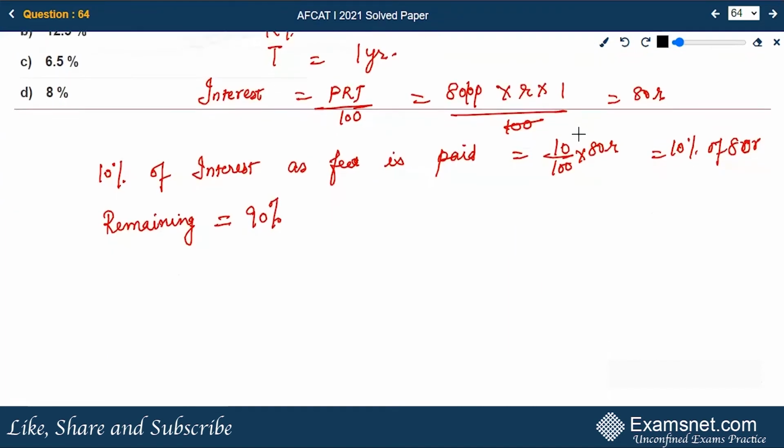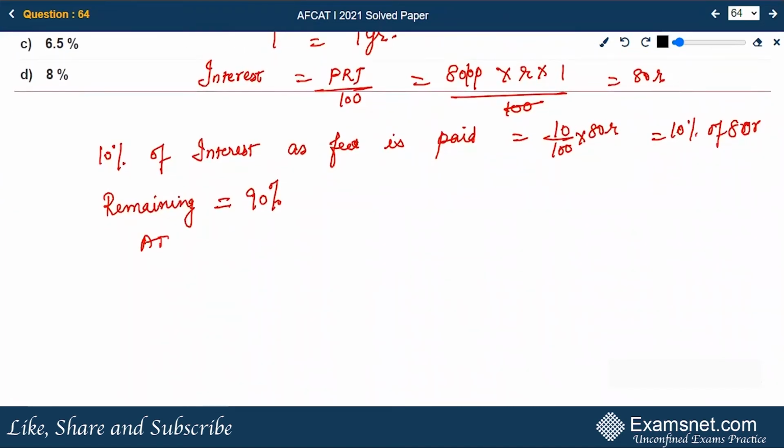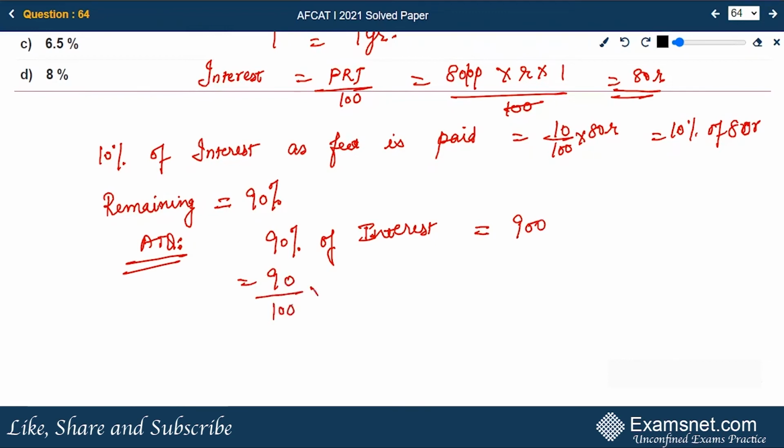So now, according to the question, 90% of the interest, which is 80R, is equal to 900 rupees.